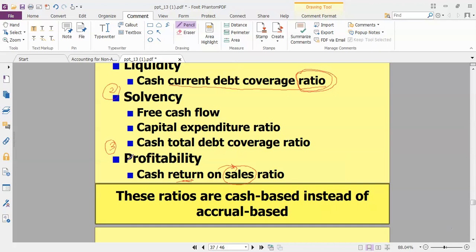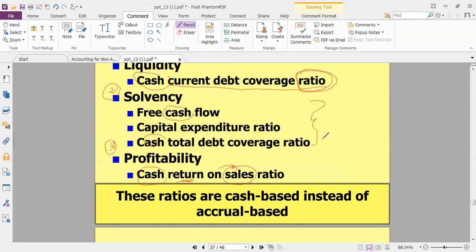All the ratios are cash based instead of accrual based. So all the ratios here use the term cash: cash current debt coverage ratio, free cash flow, cash total debt coverage ratio, and profitability using cash return on sales ratio.